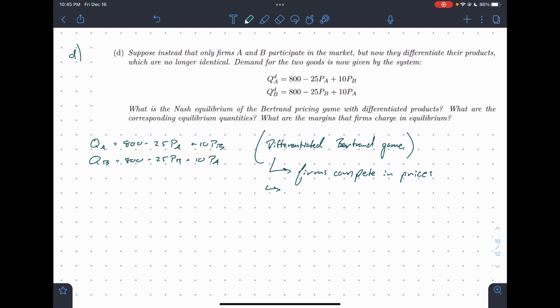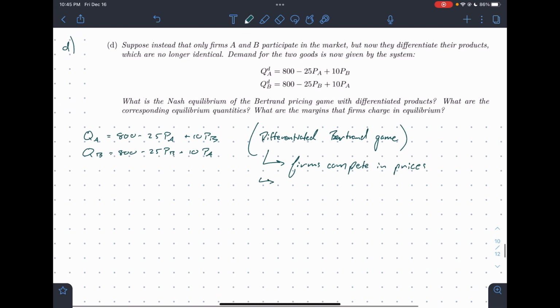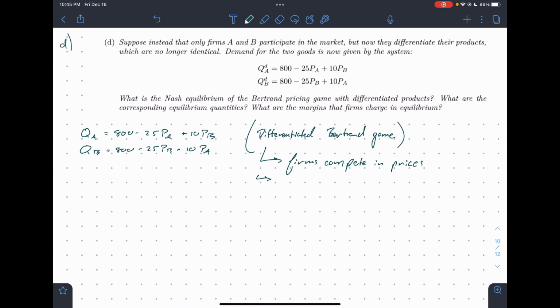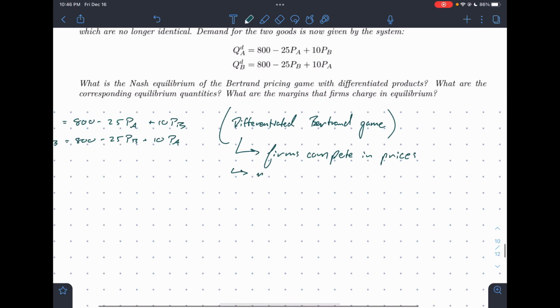There's going to be some degree of differentiation between these, and they're not perfect substitutes. So consumers are not just going to be picking the cheapest one, they're going to be picking the one which they also like more, and of course they take into account the price, but it's not going to be the only deciding factor.